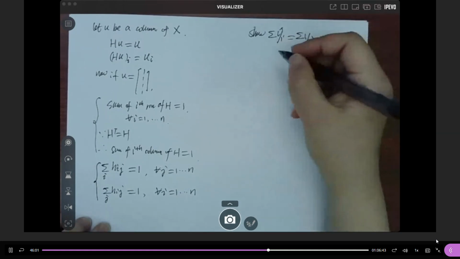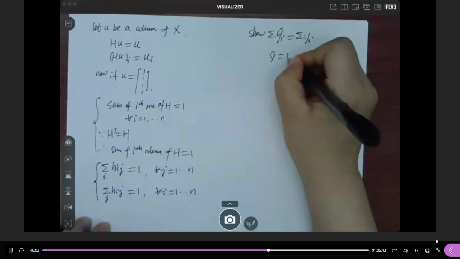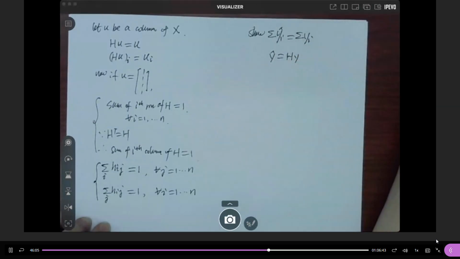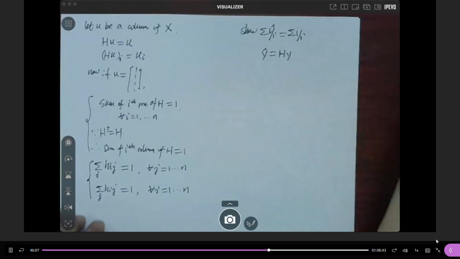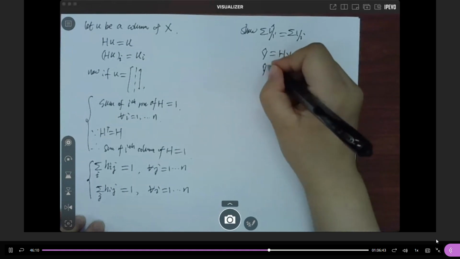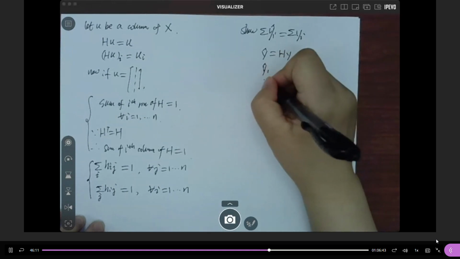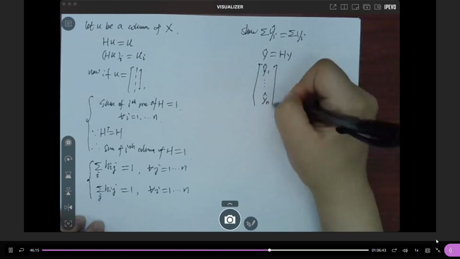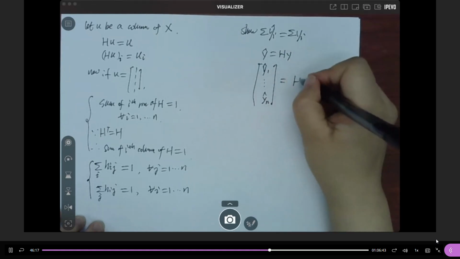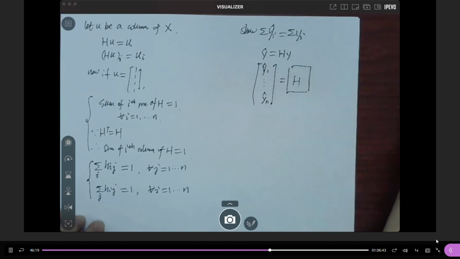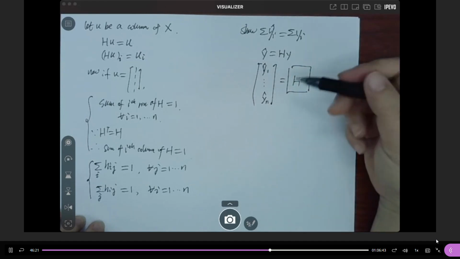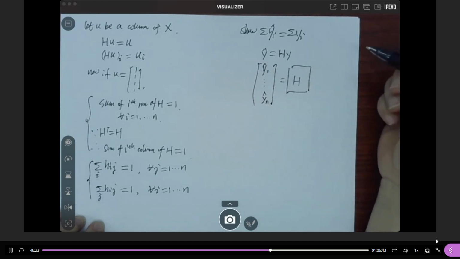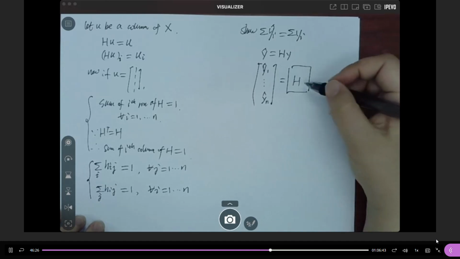So maybe I will just write down one more step. We know that y hat equals Hy, right? Starting from here, you write that in element form. So you have y hat 1 all the way to y hat n, a vector, equal to H, a square matrix. It needs to be actually the same size, I drew it too small.